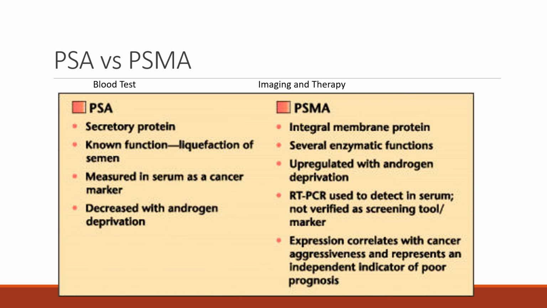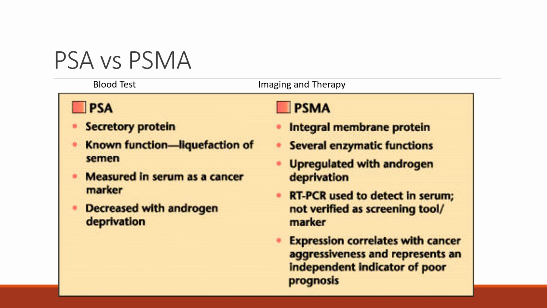It is upregulated in androgen deprivation, and people that have prostate cancer will have more of this membrane protein. They'll have more of these receptors on the surface of the cell. So this is what we use for imaging, because we know that this is a membrane protein that these cancer cells are going to overexpress.